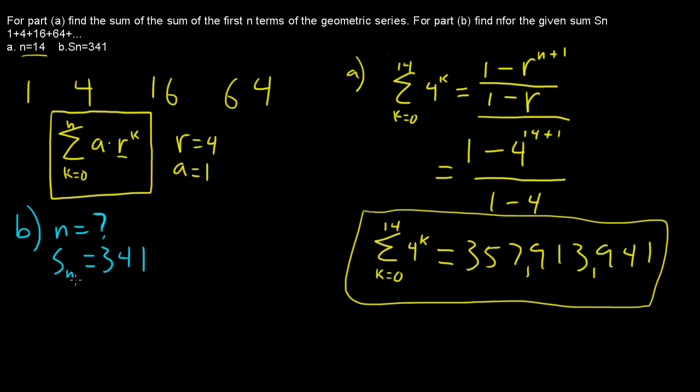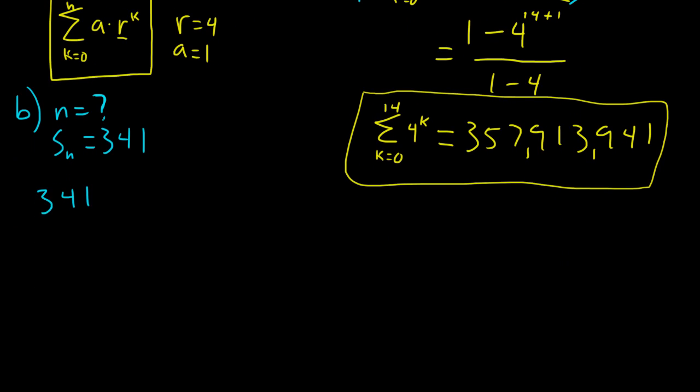If we go back to the equation up here, this value over here is nothing more than s sub n. This is what s sub n is. It's that final value, the summation of all of the n values. So we can say that s sub n is equal to 341. Let's scroll down a little bit.